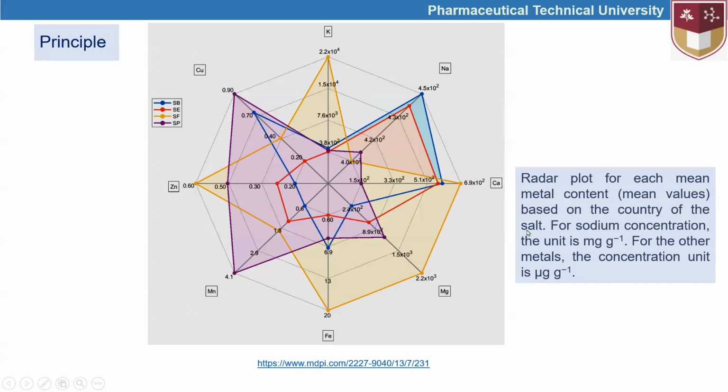In this sample, the microgram per gram concentration of copper, zinc, manganese, iron, magnesium, and calcium were studied together with sodium atoms. So not only the presence of different atoms, but also the quantity of those atoms can be studied by using atomic emission spectroscopy.